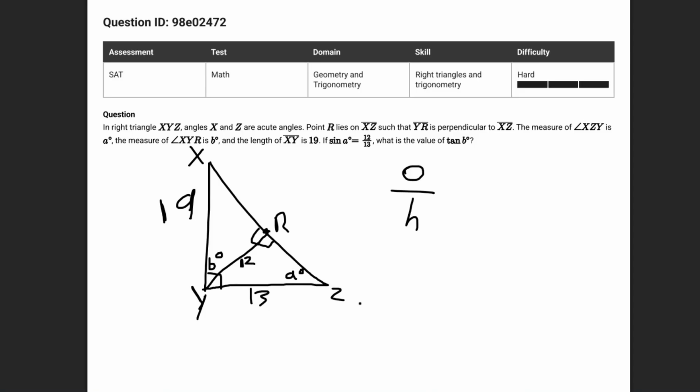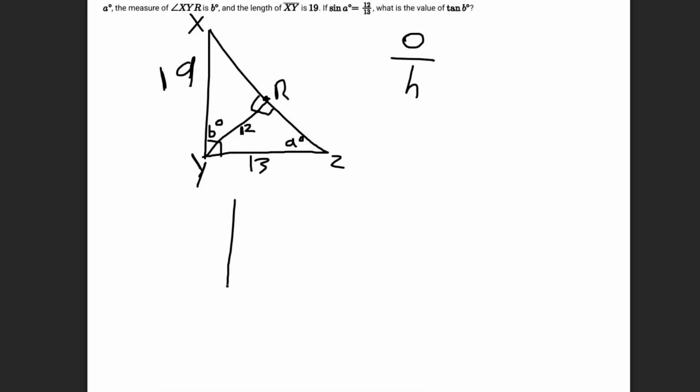When you make an altitude, you have 3 similar triangles now, but we're ignoring the big overall triangle and just focusing on these 2 smaller ones. It will be easier if we draw them like this.